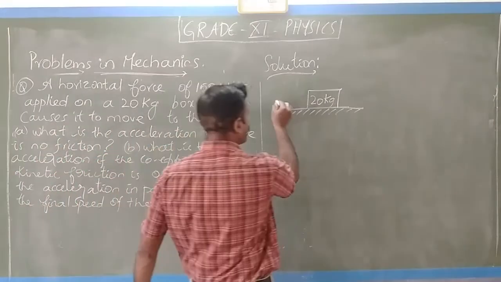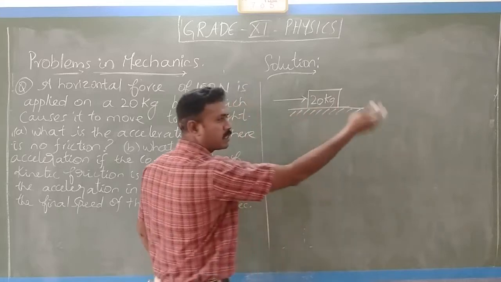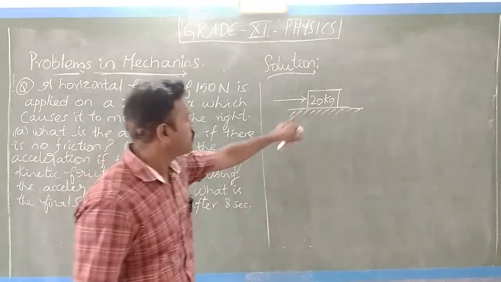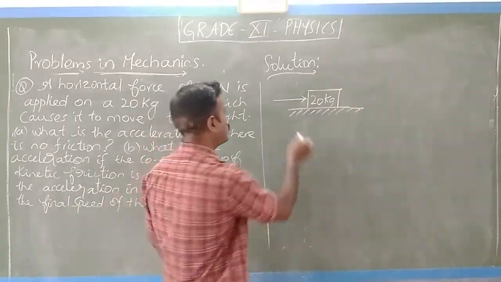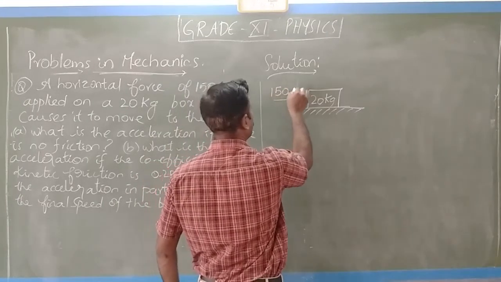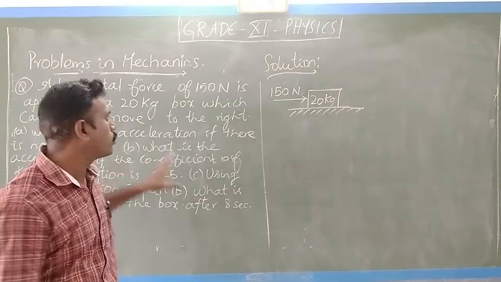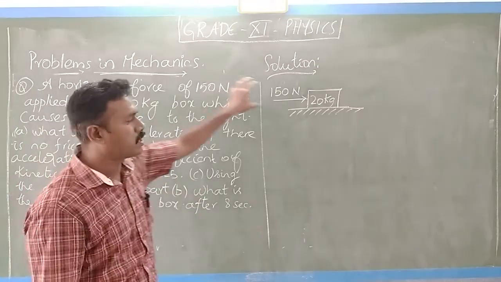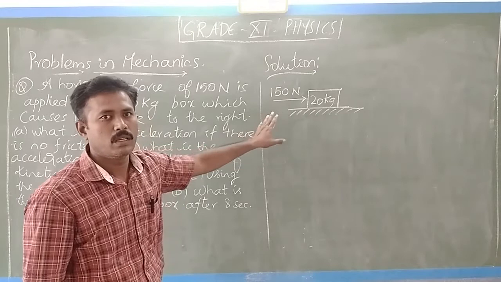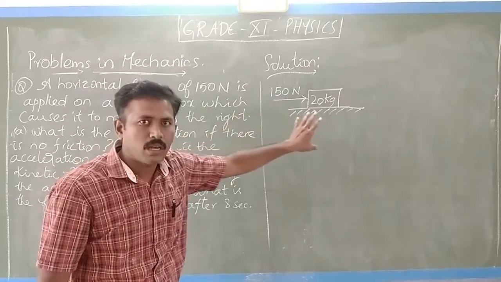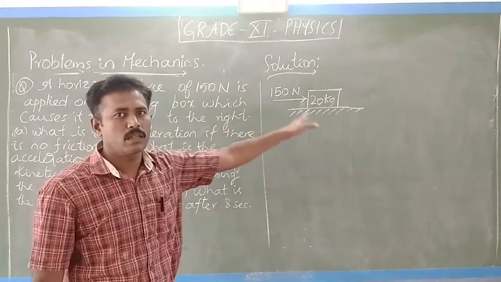That means the force is given here, and this makes the object move to the right hand side. So this is 150 Newton. It will be very easy for you if you convert the statements into a figure. Immediately you should convert the statements into a diagram.